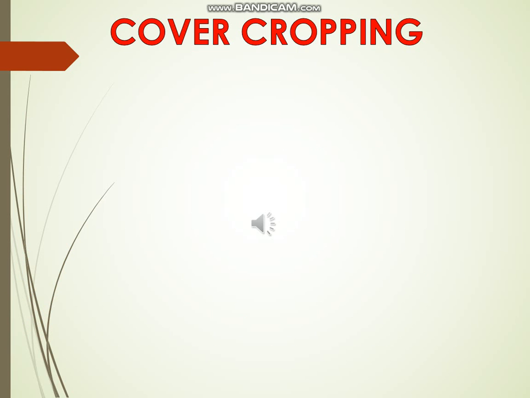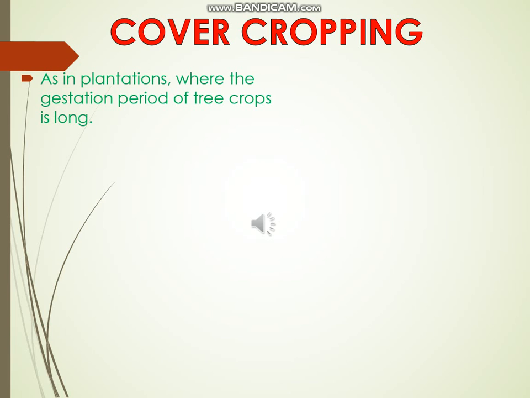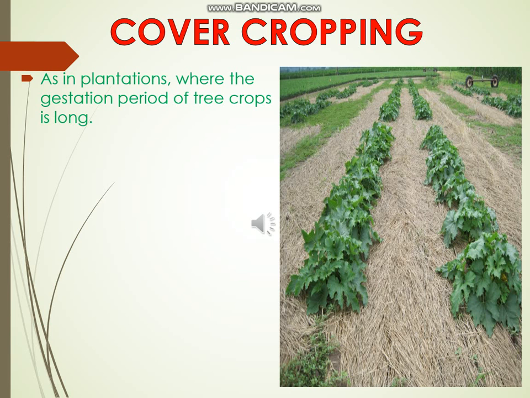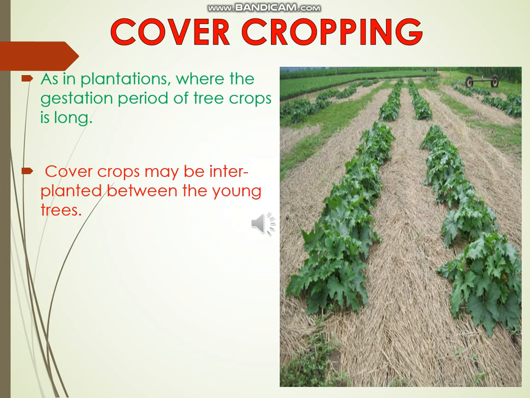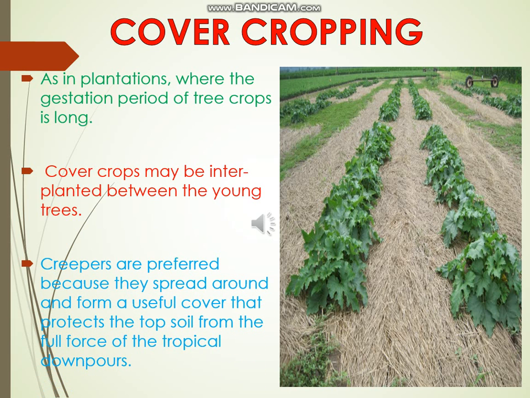In some cases, as in plantations where the maturation period of tree crops is long, cover crops may be interplanted between the young trees. Creepers are preferred because they spread around and form a useful cover that protects the topsoil from the full force of the tropical downpours. Care must be taken that cover crops do not compete with the young trees for the essential plant nutrients, and leguminous crops are often used because they add nitrogen to the soil.